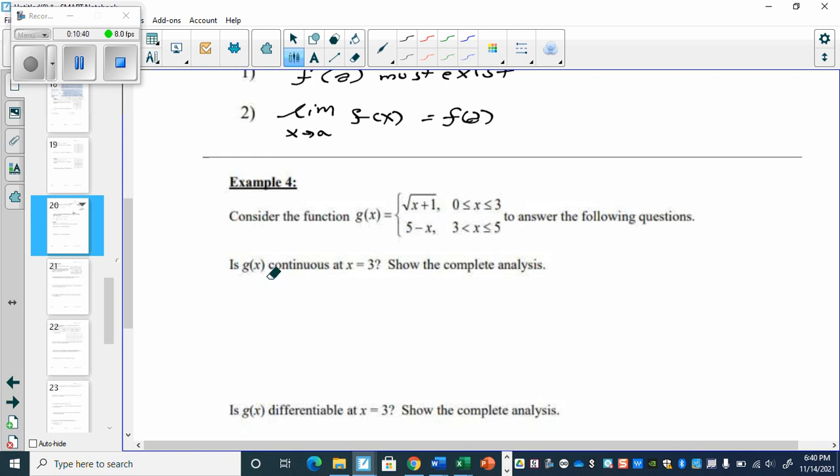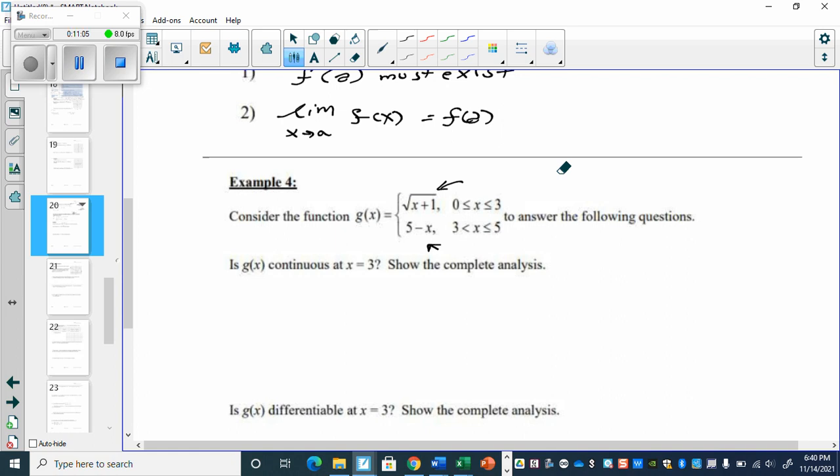Answer the following questions. Is g of x continuous at x equals 3? Well, you'll have to evaluate and find both of these answers. You'll have to evaluate here, and then you'll have to evaluate here. Okay?